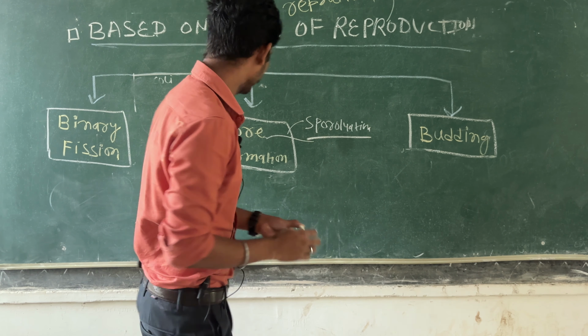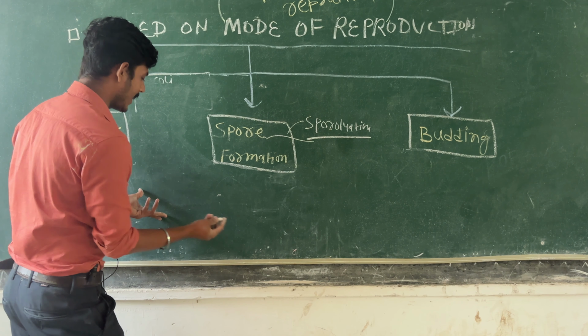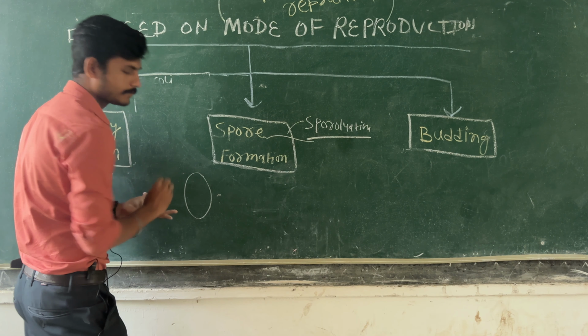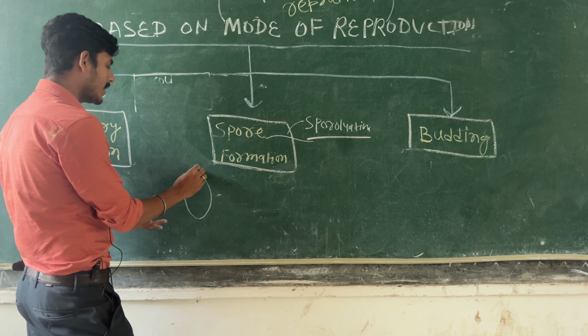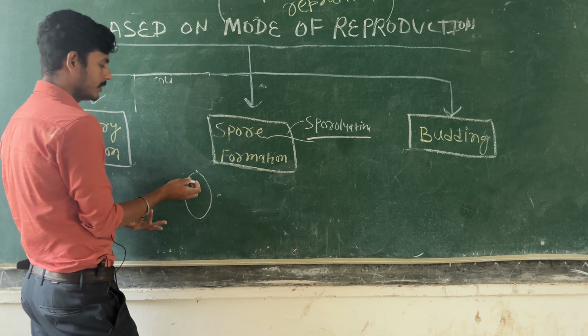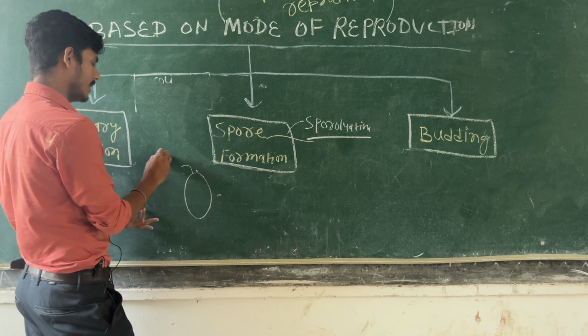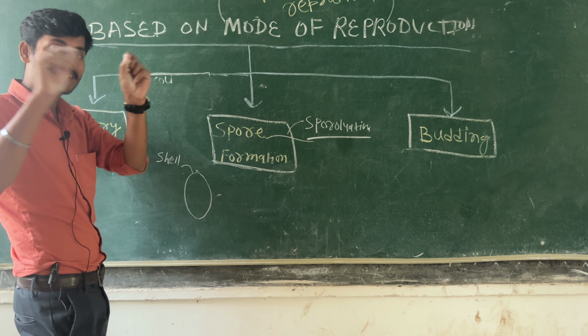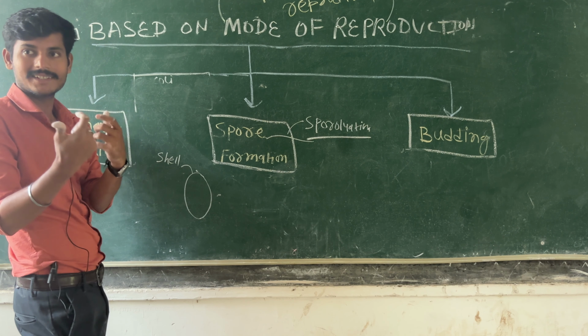A spore is nothing significant, just, you can say, a round body surrounded by a very hard shell. That's not a cell, that is a shell, S-H-E-L-L. Have you seen an egg shell? How hard it is?